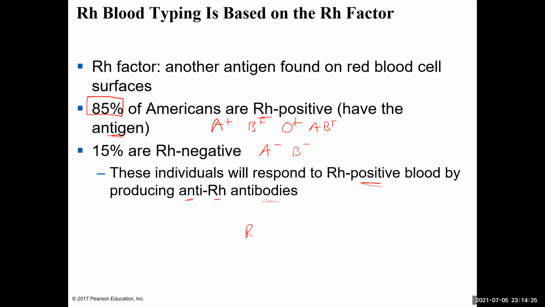So if you are Rh negative and you get a transfusion that is Rh positive, your body will begin to produce antibodies for that Rh positive blood, and those antibodies will attack that Rh positive blood. So negatives should only receive blood from negatives.